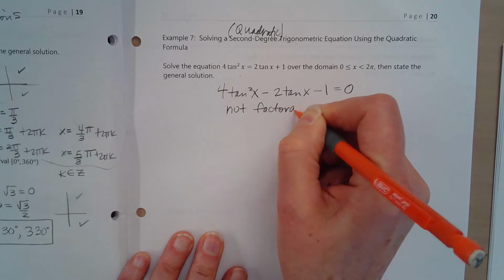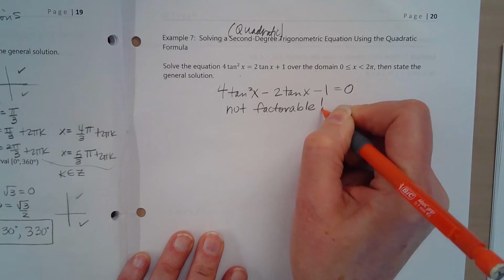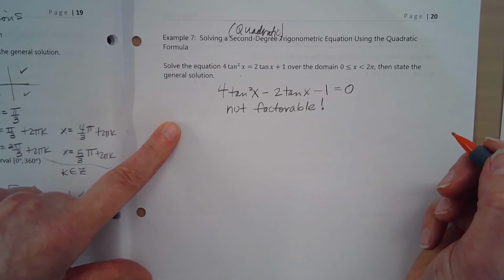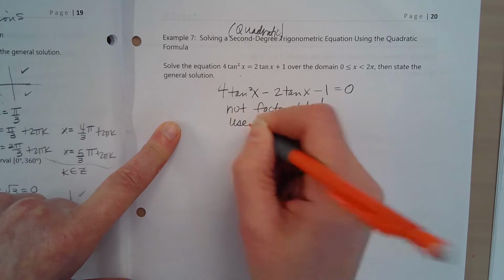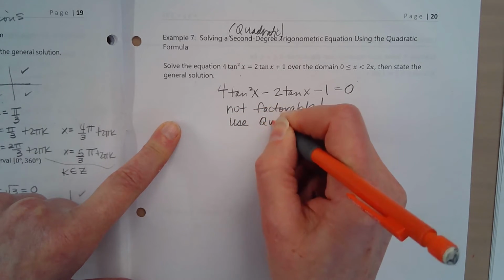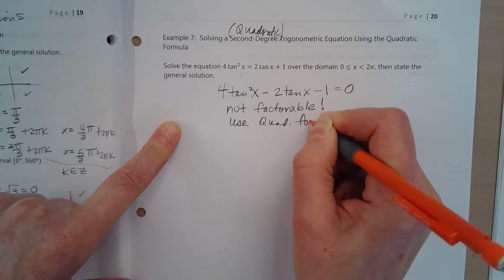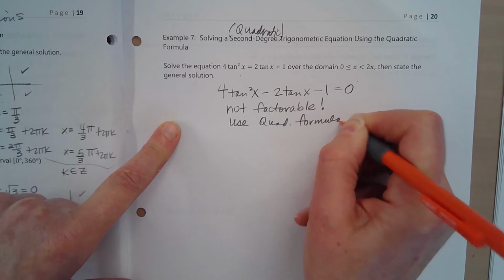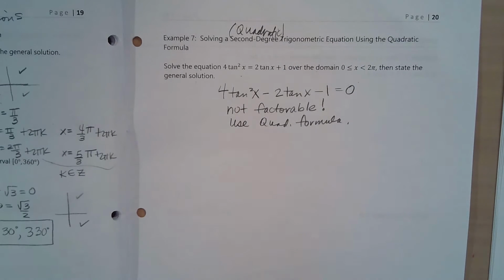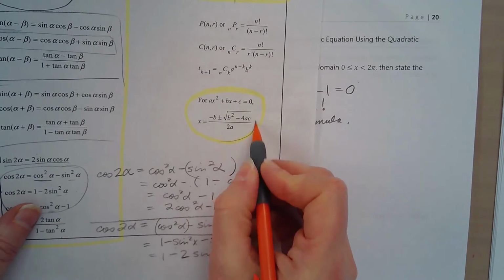You would, of course, try to factor first. But if it's not factorable, the only other option we have is to use the quadratic formula. In recent years, if you forget it, it's kind of nice because it is on your formula sheet. They put it on your formula sheet the last few years, so it's right here if you need it.